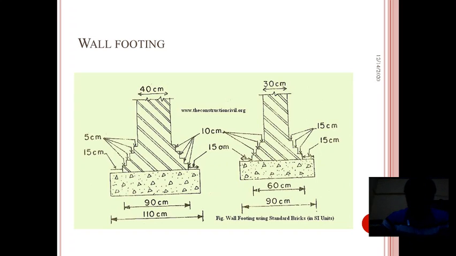You can observe the width. The width of the foundation or width of the PCC always depends on the wall masonry. It may be stone masonry, or sometimes we can use brick masonry. Here we have a projection of 50 mm or 5 centimeter on either side.